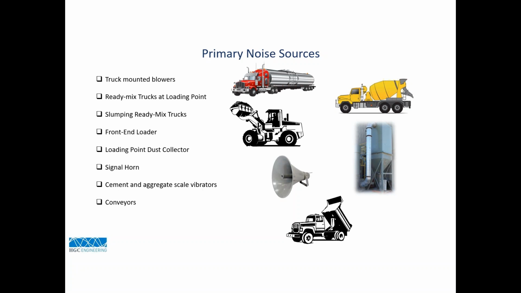Now, there really are a bunch of options as to what the solutions are going to be, and they are very individual. But in general, your number one source and number one problem in most cases is going to be the unloading tanker truck that, as you know, has the blower behind the cabin, and it tends to be fairly loud, and it's typically the number one problem.